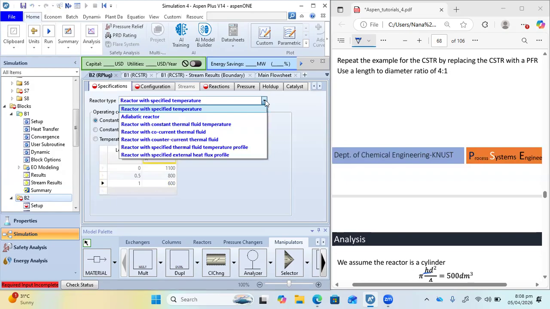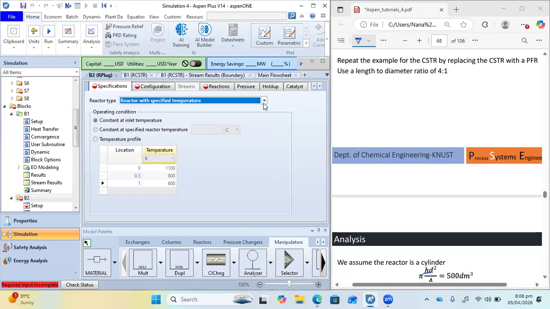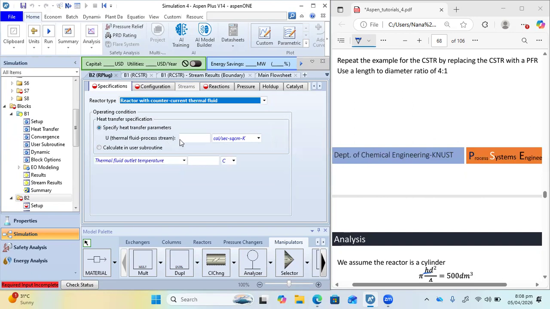Then when you come into the reactor, you can choose reactor with constant thermal fluid temperature. So let's say co-current or counter-current thermal fluid, and then you can specify the details, the U, the outlet temperature of the thermal fluid itself, any of these things, right?